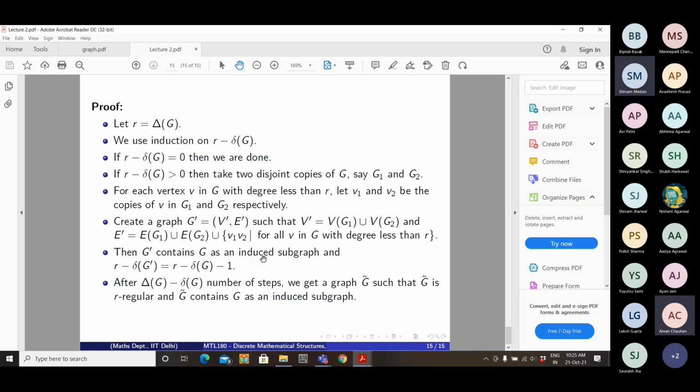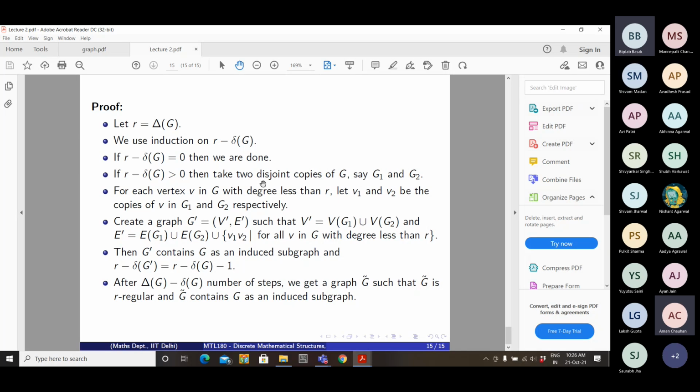What does disjoint copies mean? Actually, you have one graph G, and you take two copies of it.